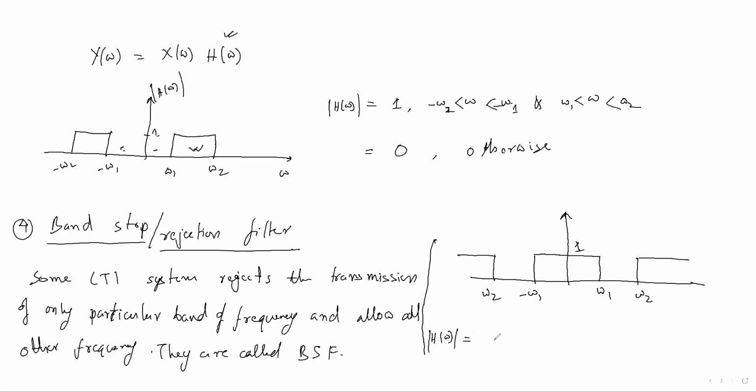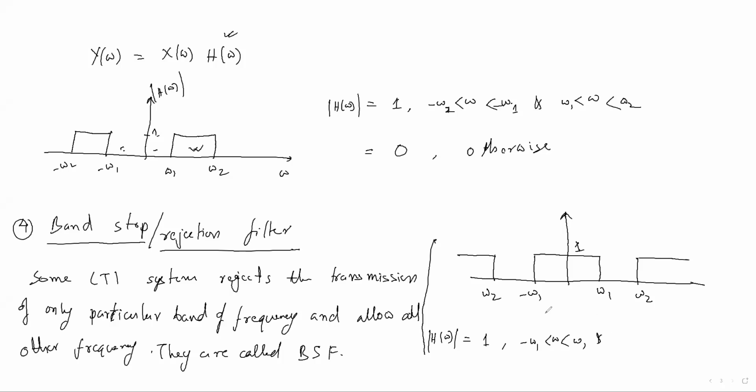H of omega is 1, for omega between omega 1 and omega 2. Omega is in between minus omega 2 to minus omega 1.